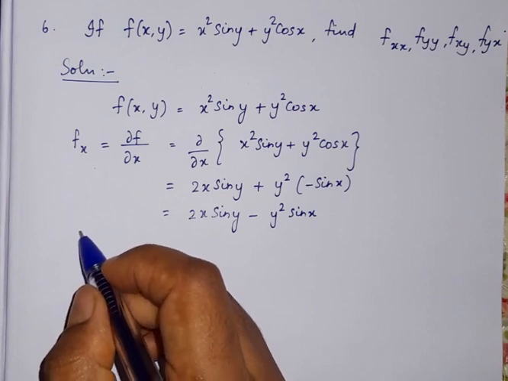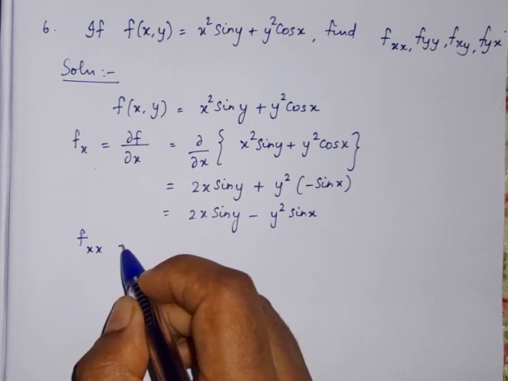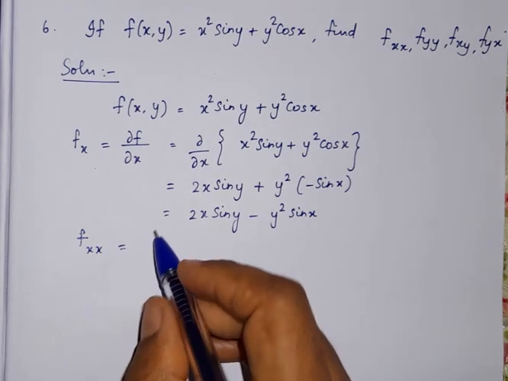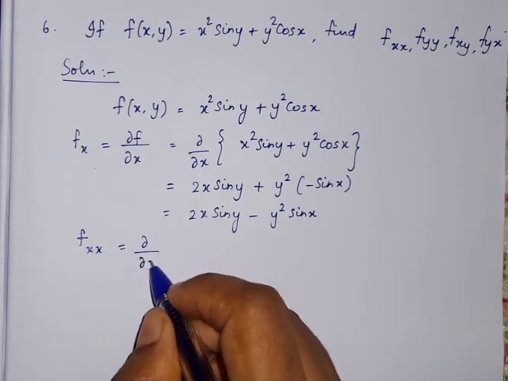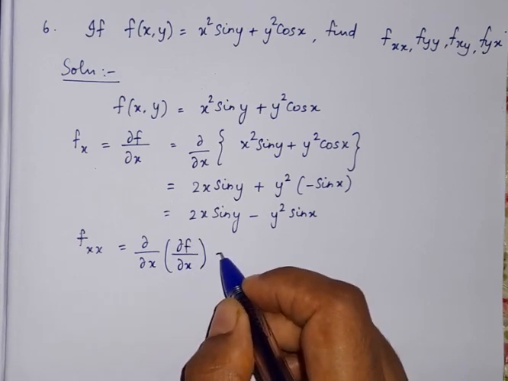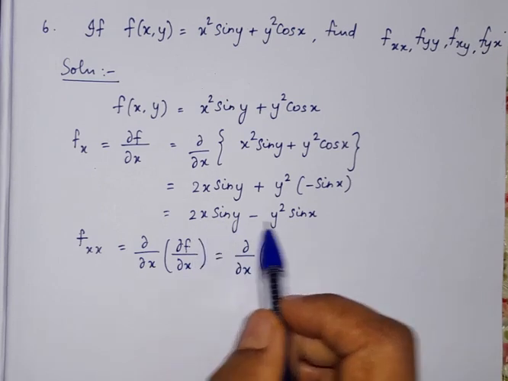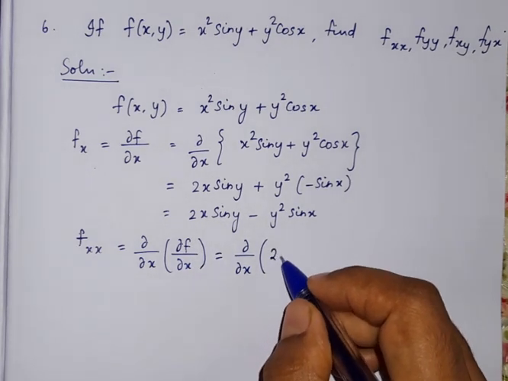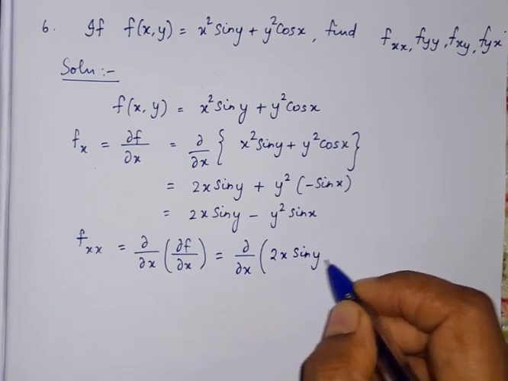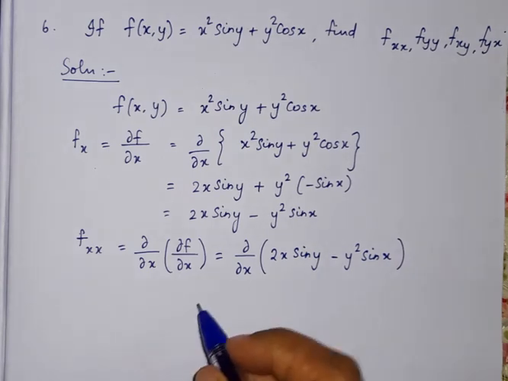Next let's find fxx. What is fxx? Dou by dou x of dou f by dou x. So dou by dou x of, instead of dou f by dou x, we have 2x sin y minus y square sin x.